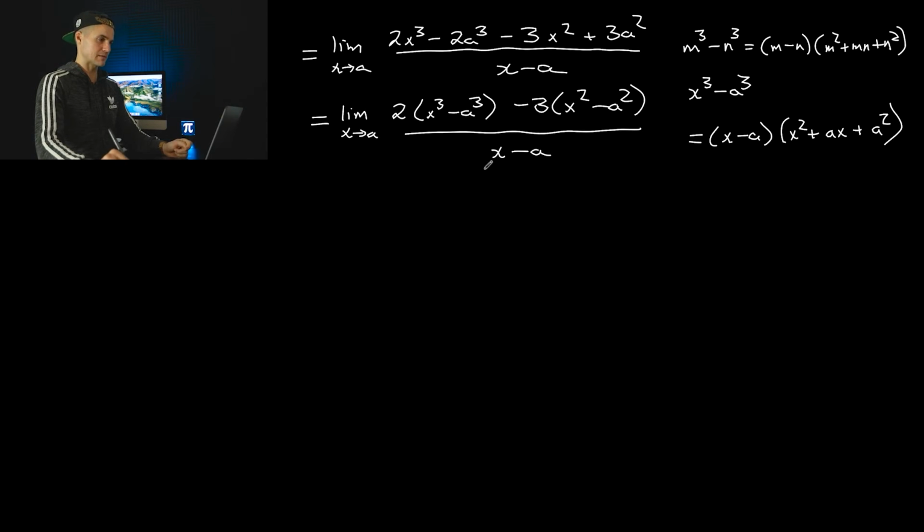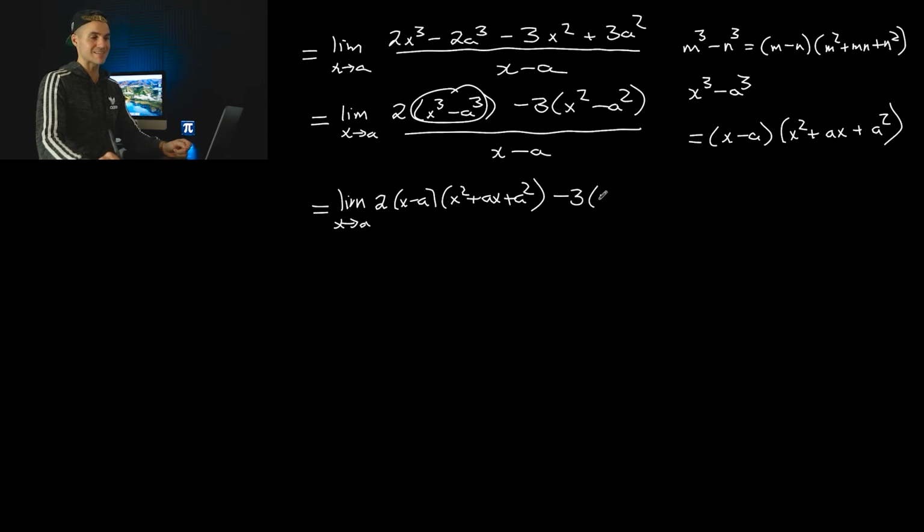Yeah, like that. Okay, so this bracket here factored into this. So this is going to be the limit as x approaches a. Here we're going to have 2 times x minus a, x squared plus ax plus a squared, minus 3, and then x squared minus a squared, that's just a difference of squares.